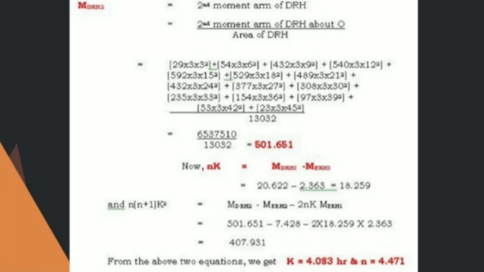And N times N plus 1 times K squared equals MDRH2 minus MERH2 minus 2NK times MERH1, equals 501.651 minus 7.528 minus 2 times 18.259 times 2.363, equals 407.931. From the above two equations we get K equals 4.038 hours and N equals 4.471.